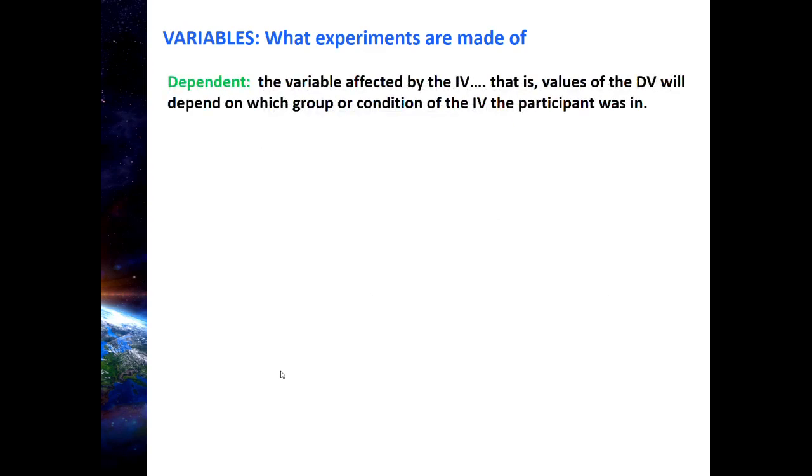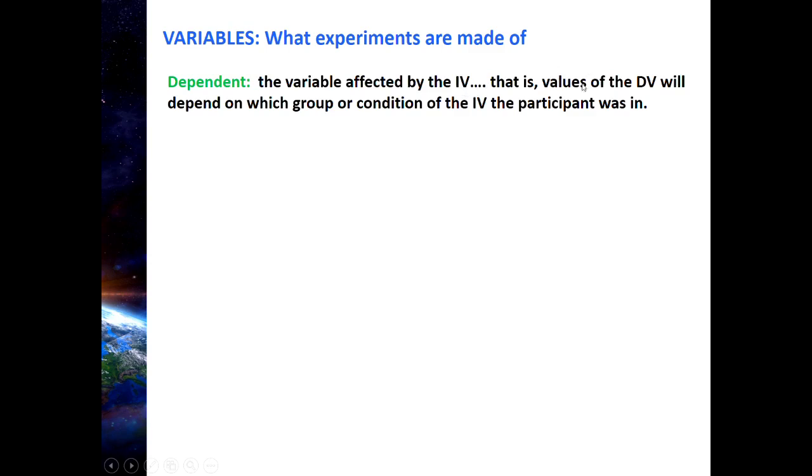So now it's time to talk about dependent variables. The dependent variable is the variable that is being affected by the independent variable. So it's the variable being changed or influenced by the independent variable.